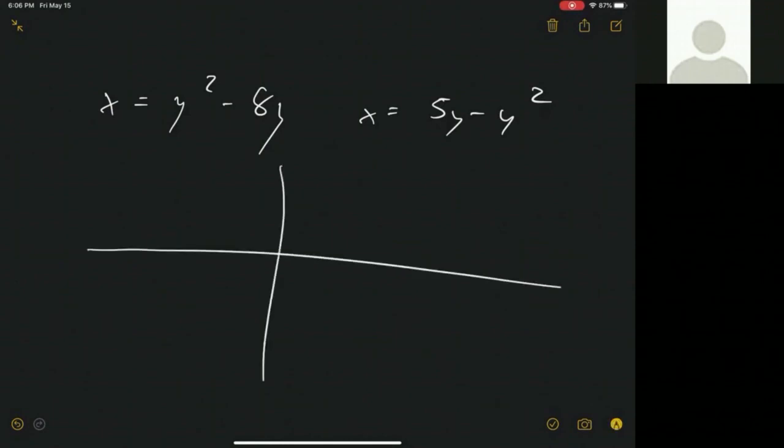So let's say I have x equals y squared minus 8y, and x equals 5y minus y squared. And I'm told to draw this region, and well, in this, I'm just told to find the area. They give me the region, right? The region looks something like this.